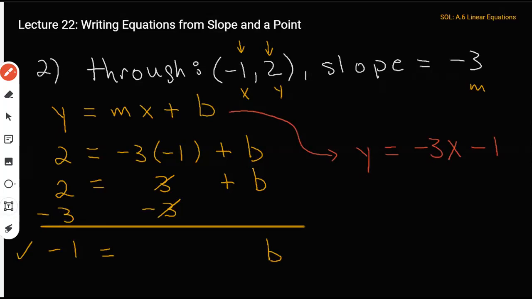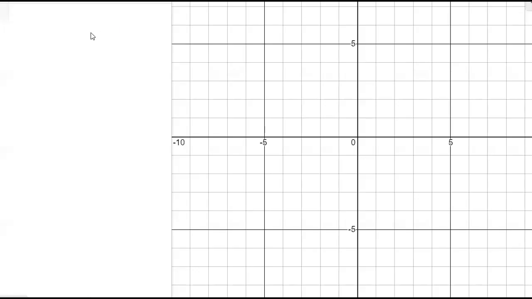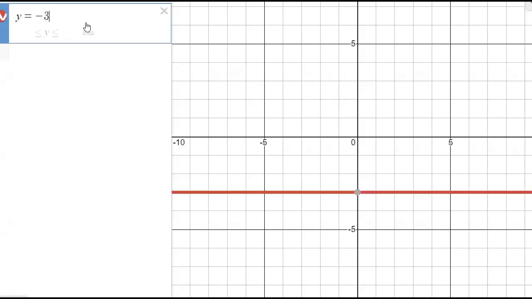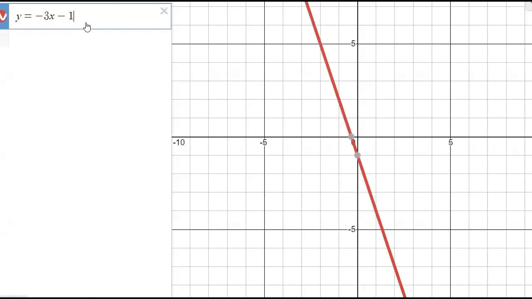Okay, let's see what that looks like. So what I'm going to do now is go to Desmos, the graphing calculator, and type in my answer. Y equals -3x minus 1. And when I do that, I get this line.